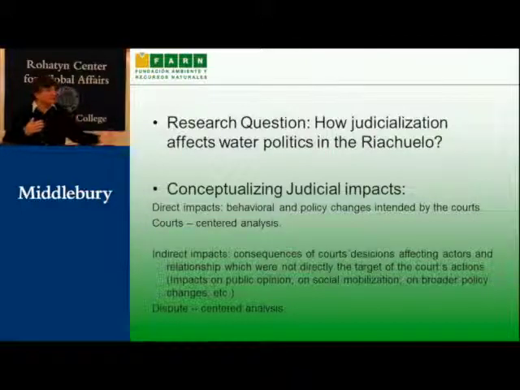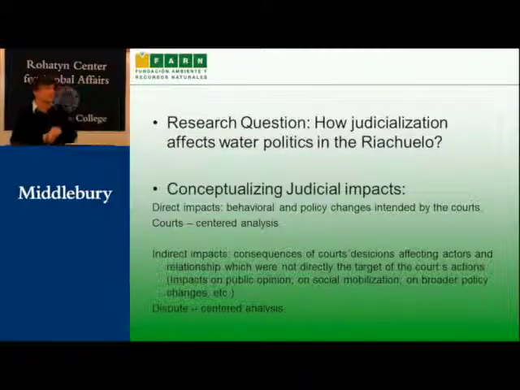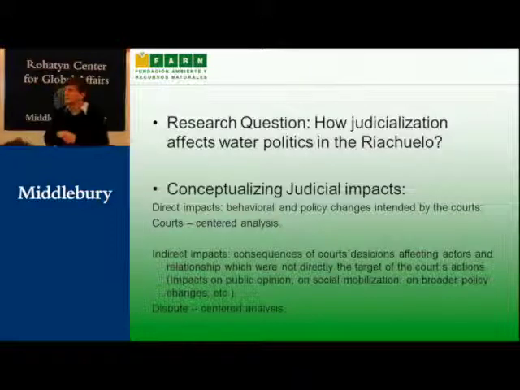So they rely on the other branches of government to implement their orders. That's the reason this paper addresses how judicialization and courts can affect water politics. That's what our paper wants to address.